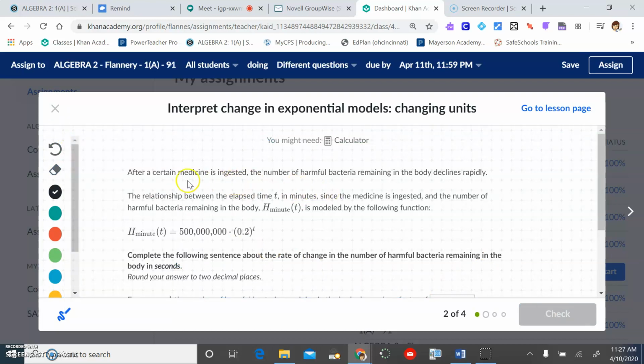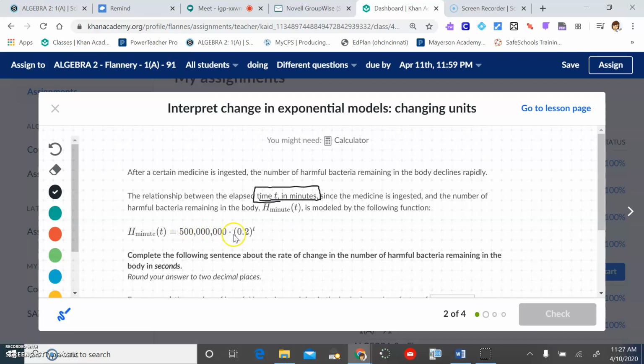After certain medicine is ingested, the number of harmful bacteria declines. All right, so basically, the longer you have the medicine in your body, the amount of bad stuff in your body goes down. The relationship between the elapsed time t in minutes, okay, this is going to be important, since the medicine is ingested and the number of harmful bacteria remaining in the body is this equation, okay, so h of t is, what is that? 500 million, I think.